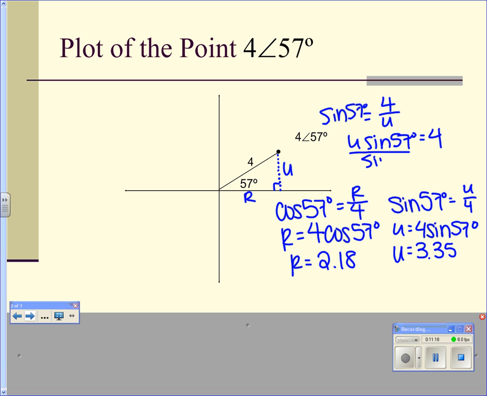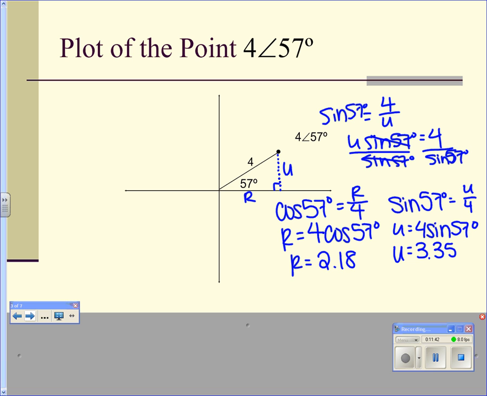Divide by sine of 57. 4 divided by sine of 57 instead of 4 times. Yeah, yours is different. Does that make sense? Any questions on the r and the u?